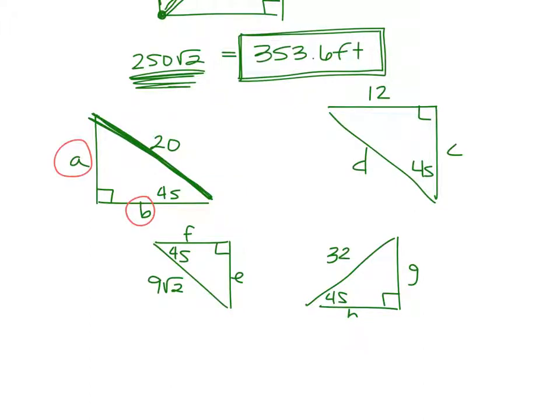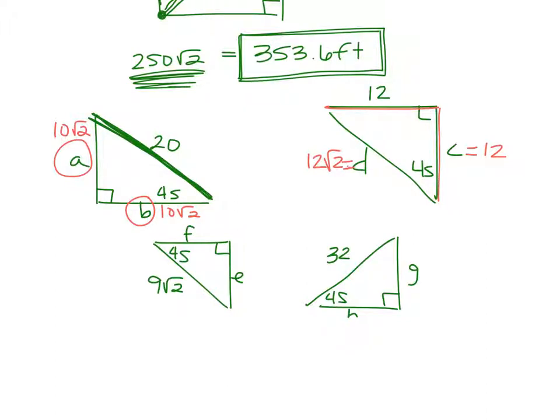It would be 10 rad 2, right? Cut it in half, multiply by rad 2. So 10 rad 2 and 10 rad 2. Look at this guy. If you are given 12 as your leg, what is C? 12. What's D? D is 12 rad 2.